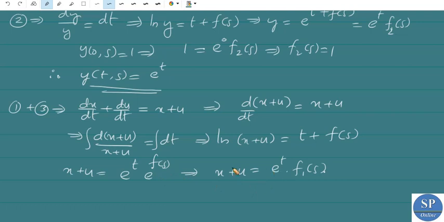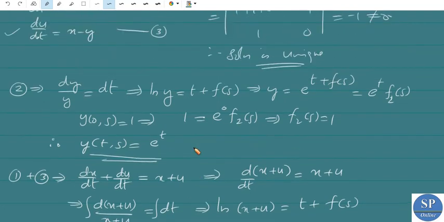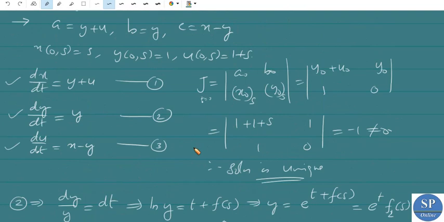Now applying the initial condition, when t equals 0, what are u and x? The initial condition is this: when t equals 0, we have x equal to s and u equal to 1 plus s.